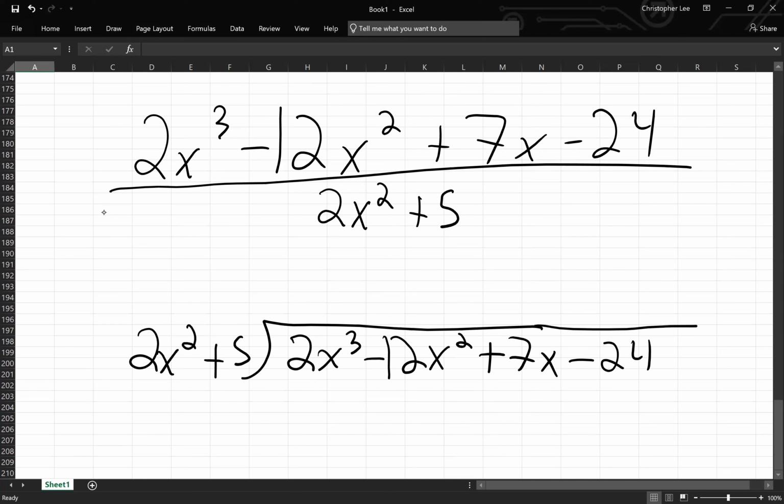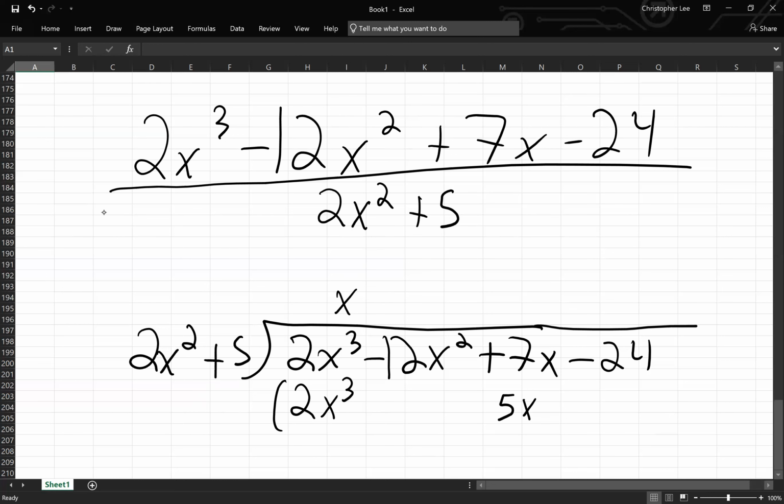2x squared goes into 2x cubed how many times? X times, good. And then x times 2x squared is 2x cubed. X times 5, right? That's going to be 5x.